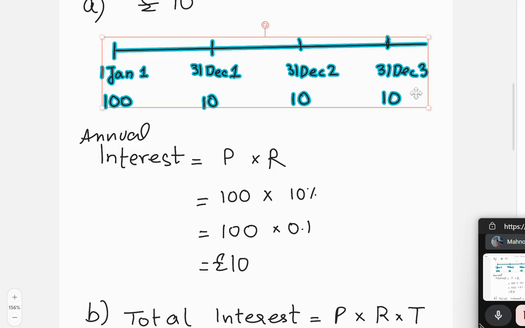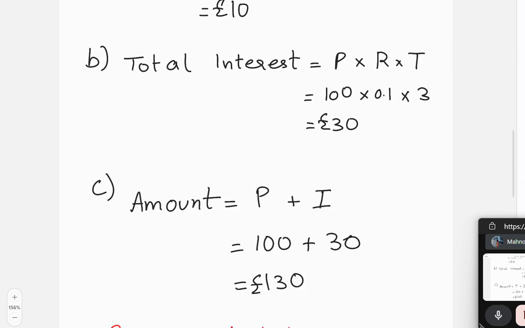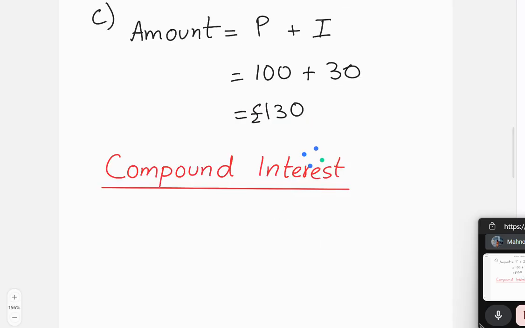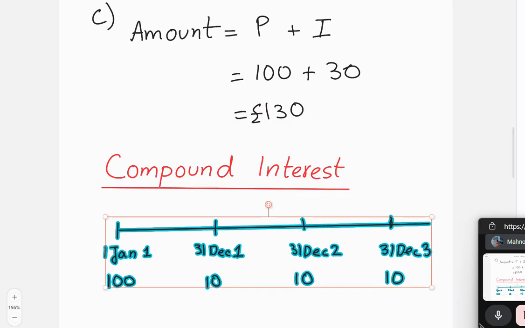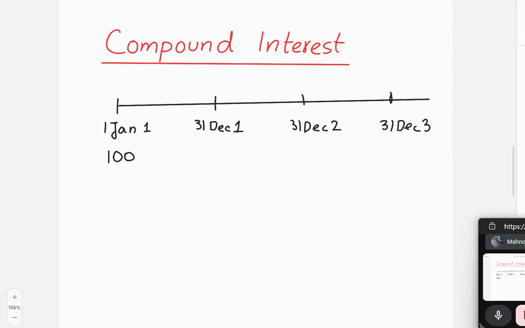But what happens in compound interest? Compound interest means that you're not going to get the same interest each year. Why? Because we are compounding. So you are investing 100. The question is basically the same, only the method is a bit different.